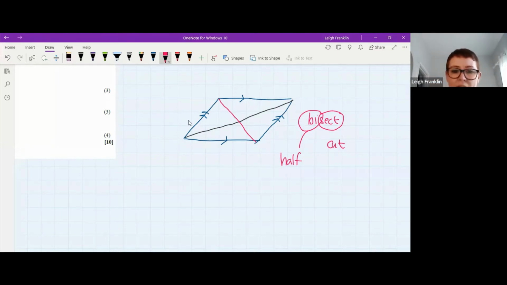So that's why we would say that the diagonals of a parallelogram bisect one another. So what that means is that this line segment from here to here is the same as from here to there. Okay, so the pink line cuts the black line in half, and the black line cuts the pink line in half. Does that make sense to you?